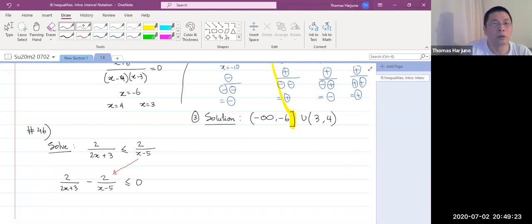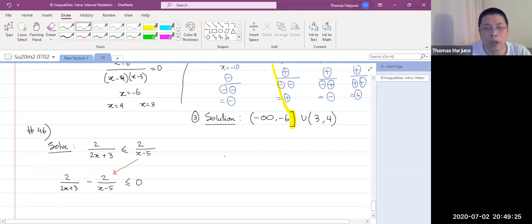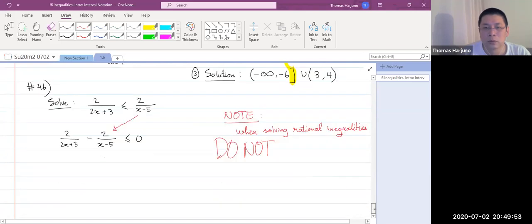Now, I need to make you aware, note: when solving a rational inequality, do not multiply by the LCD.